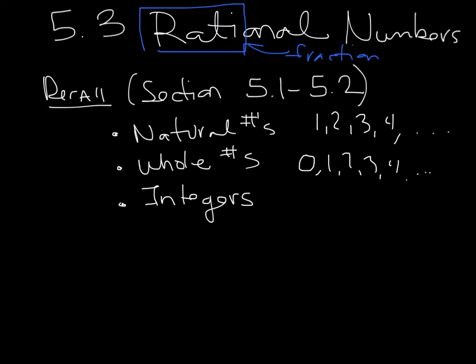We can even draw a number line here. The integers include the positive integers, which are 1, 2, 3, and so forth, basically the natural numbers. And then we have negative numbers, -1, -2, -3, and they keep going. So all these are the integers.